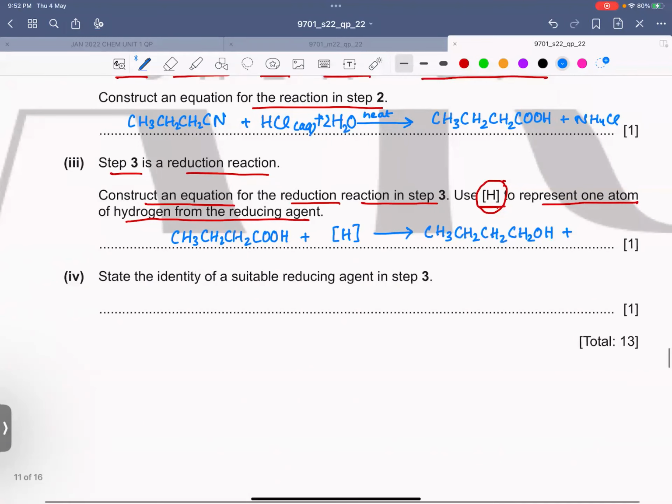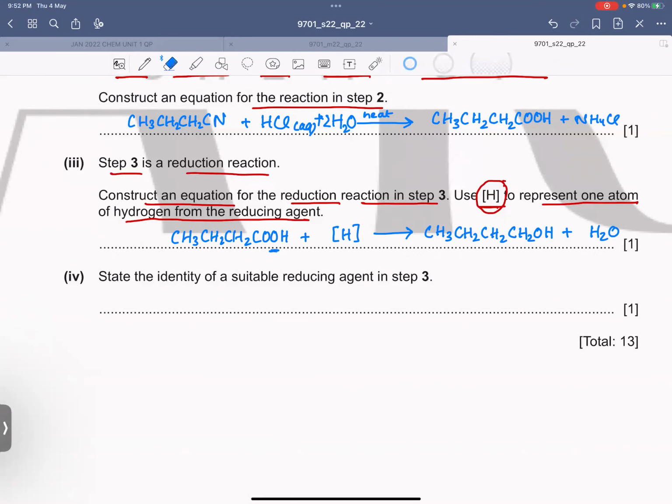So see, two hydrogens are removed from here. Sorry, two oxygens are removed from here. These two oxygens are going to form water. No, sorry, one oxygen is removed, one oxygen turns into alcohol, so water is formed.